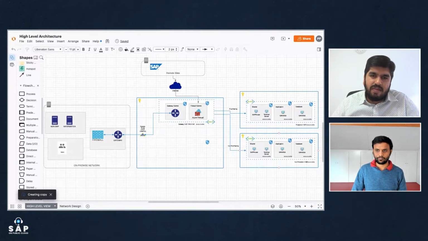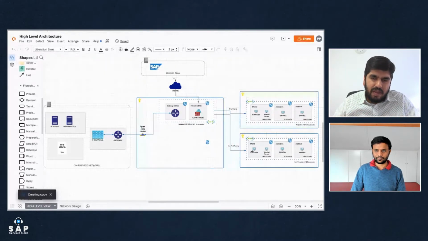So what you do is establish a VNet peering between your spoke VNet and your hub VNet. From spoke one to hub there is a peering, and the same way you have spoke two, which is the production SAP VNet, to the hub VNet. Clear? Yeah.